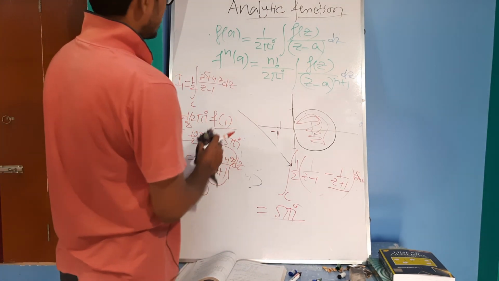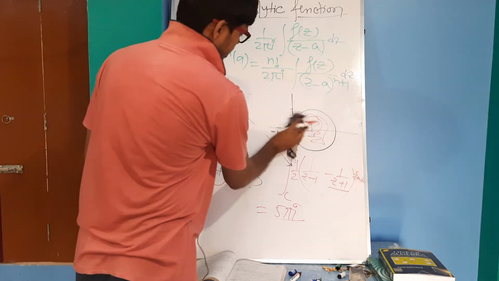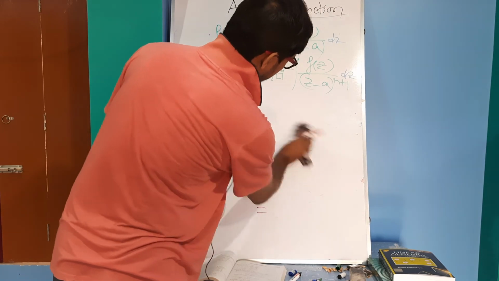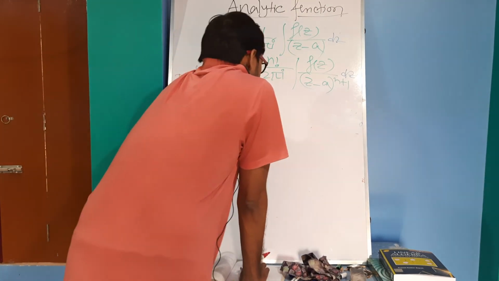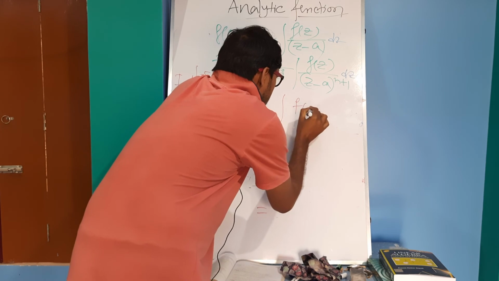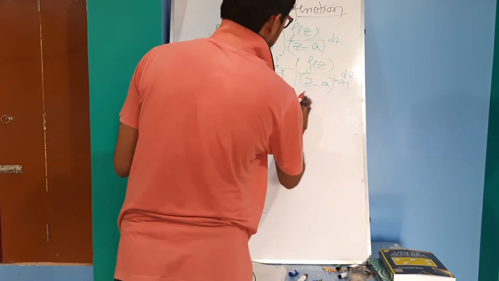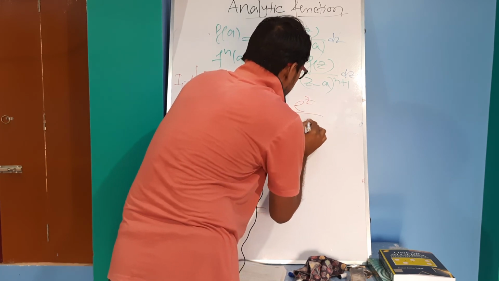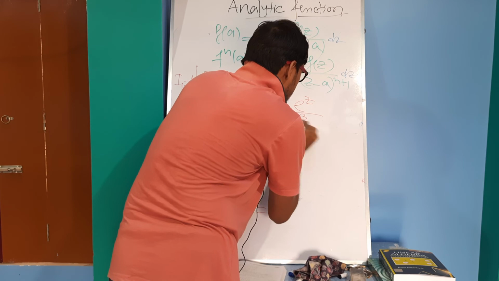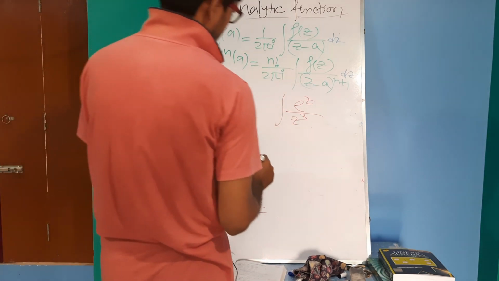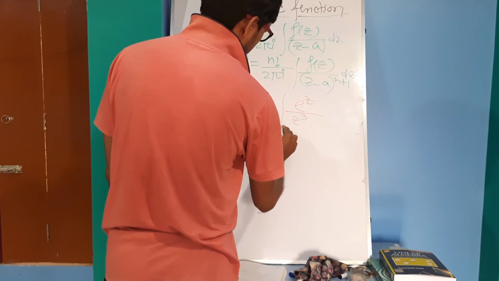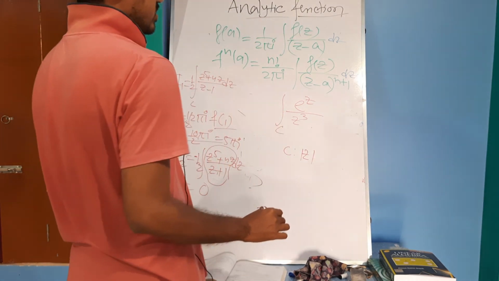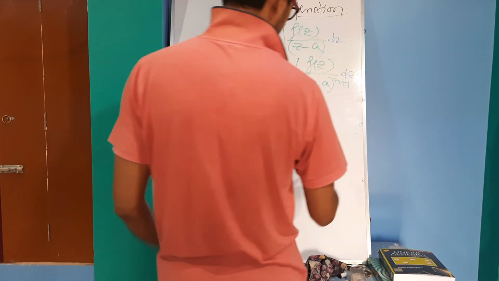We can also use the extended formula. If you take any function, for example, you have to find the integral of e to the power z by z cube over the curve mod z equal to 1.